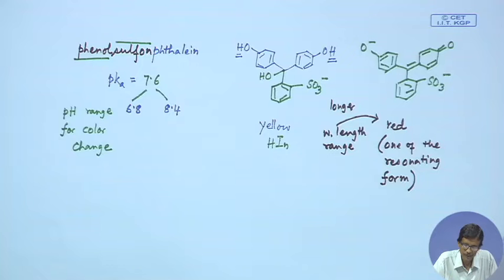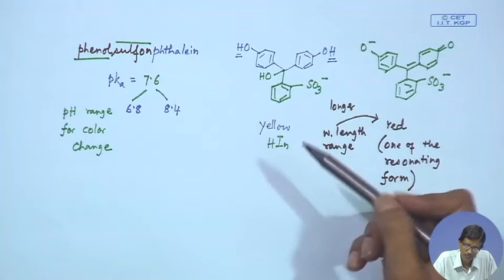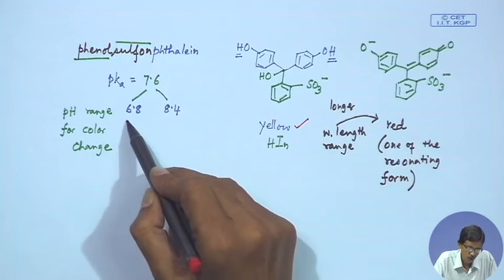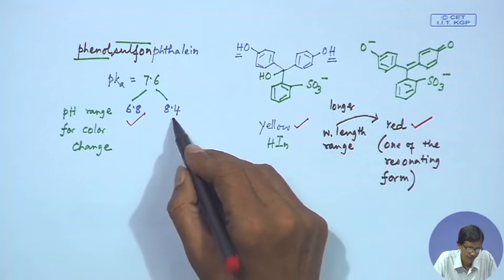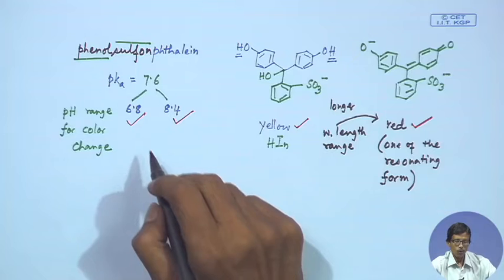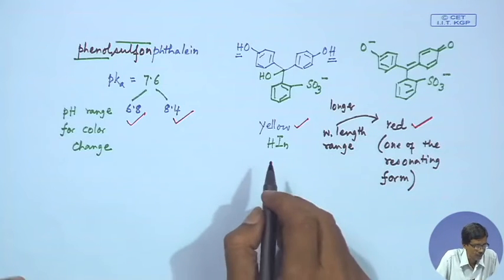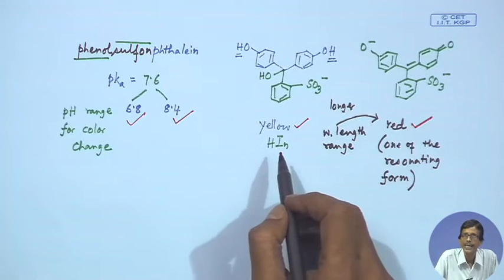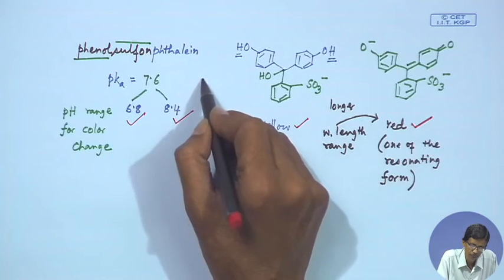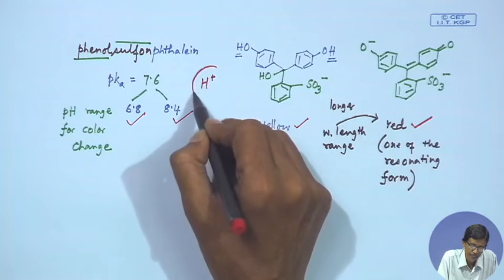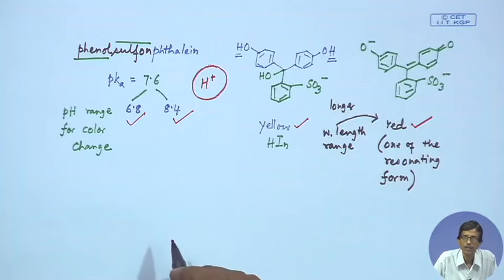So one is yellow, at a pH value of 7, and the other is red, at 8.4. We can define in that way what the corresponding indicator is for any acid-base titration, because we are talking about a change in your H plus concentration.